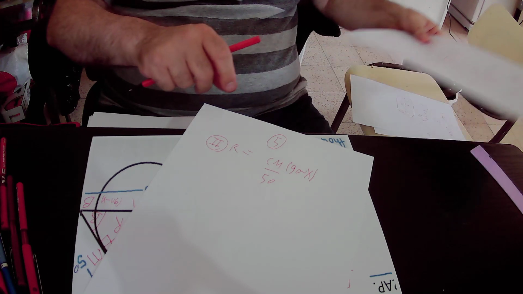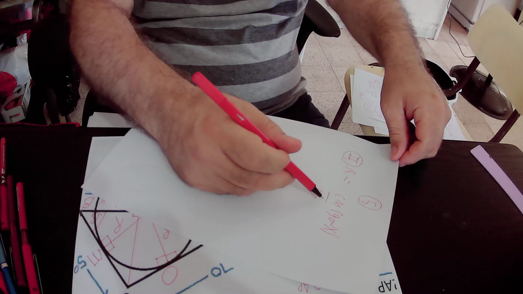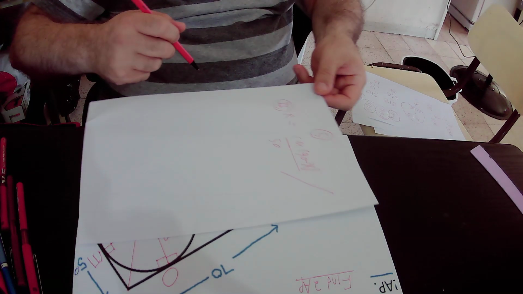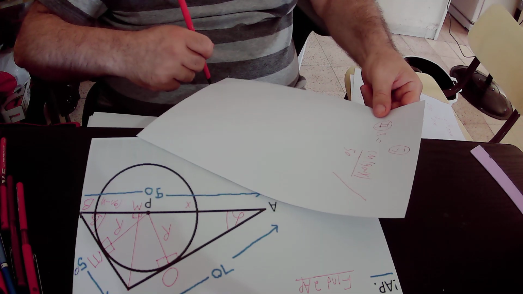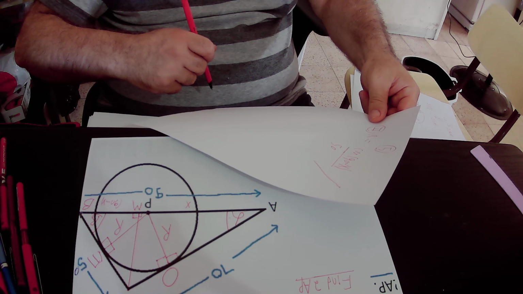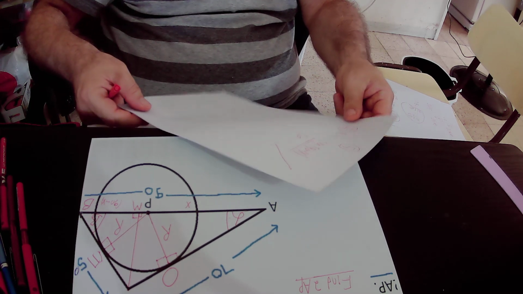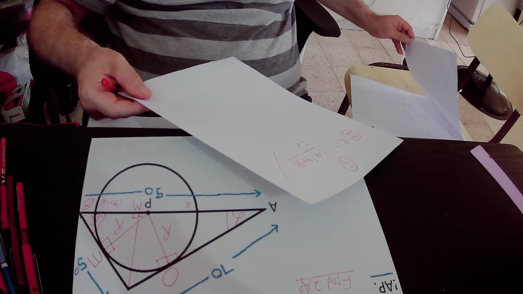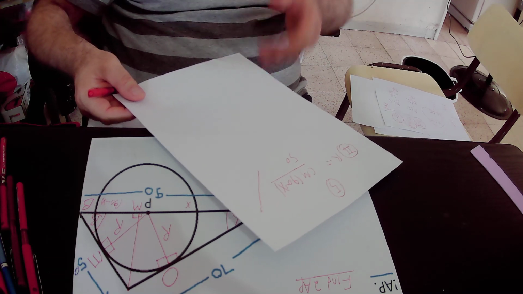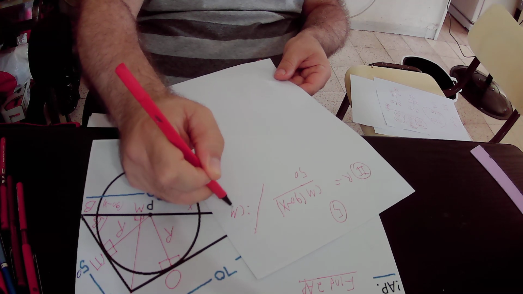So in the next step we will divide both sides of the equation by CM.